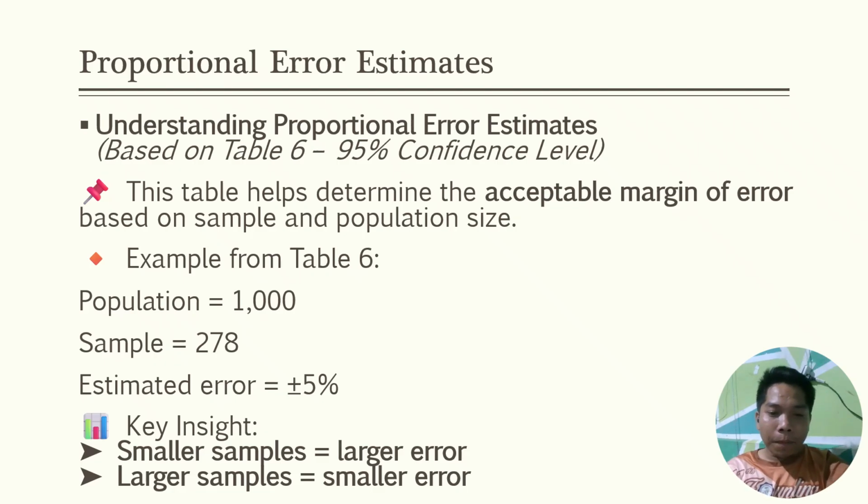So the smaller the sample, the larger the error. When you have just a small sample, the chances of having a large error are high. On the other hand, if you have a larger sample, then the error could be smaller.